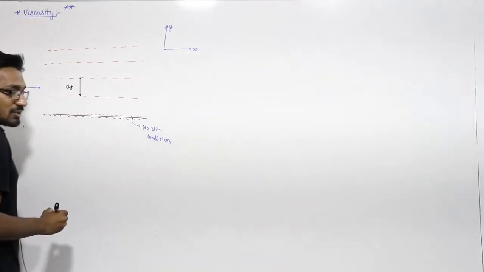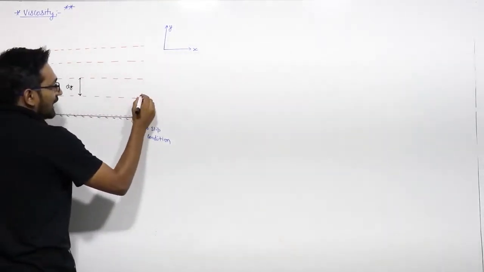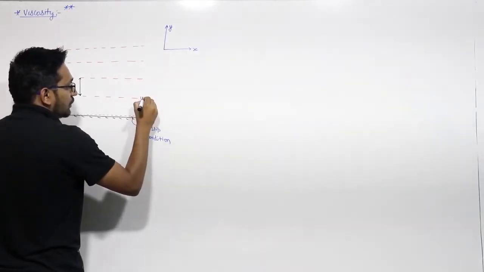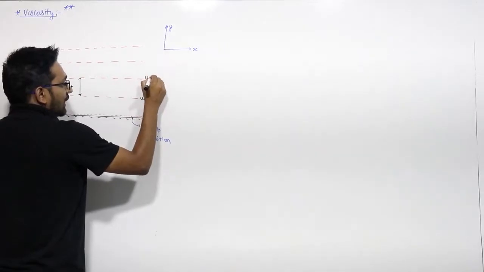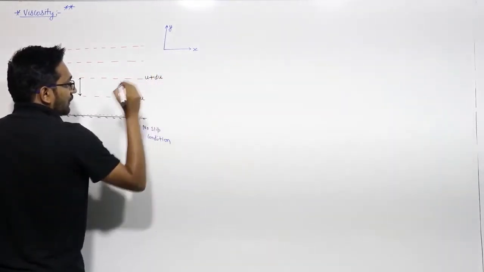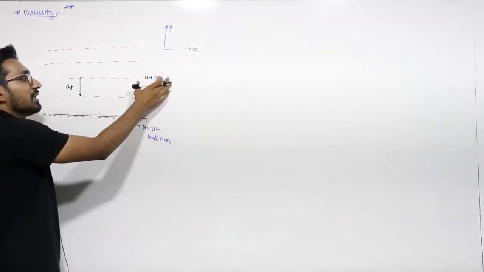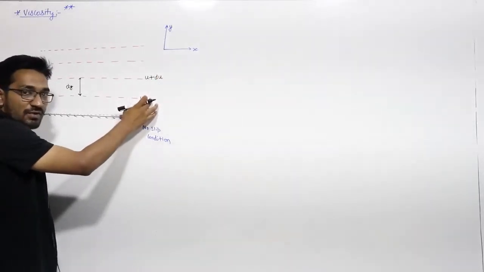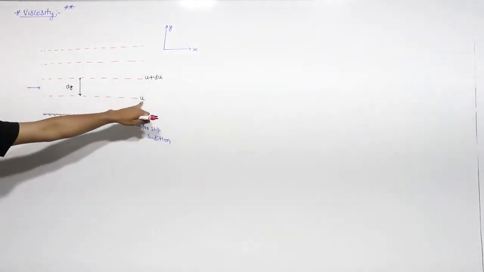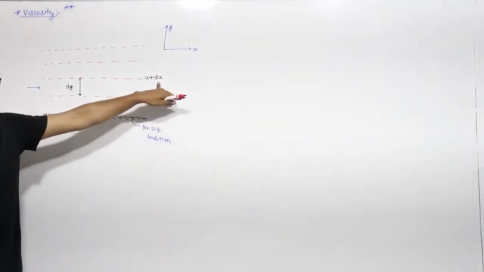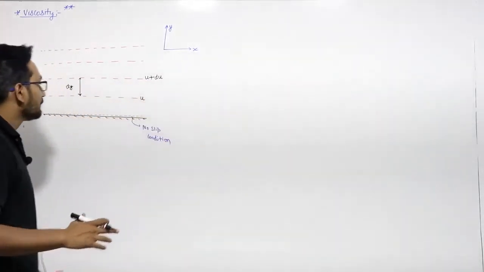Suppose this lower layer is moving with velocity u, then this upper layer is moving with velocity u plus du. The velocity of the upper layer is more than that of the lower one, as we know from our previous concept.